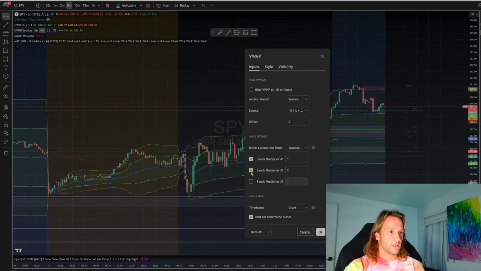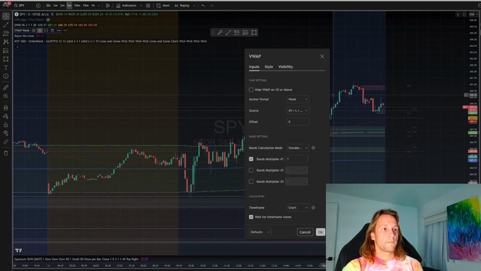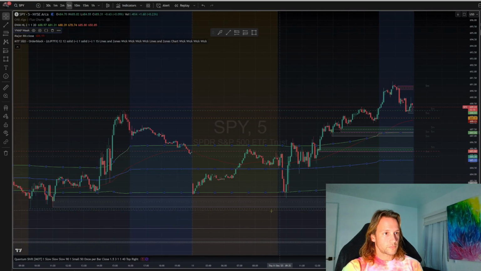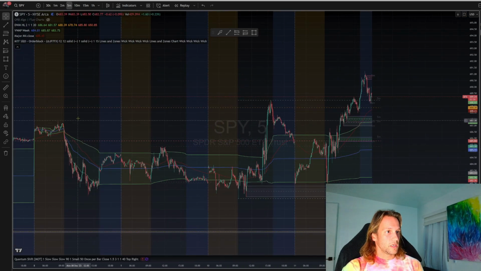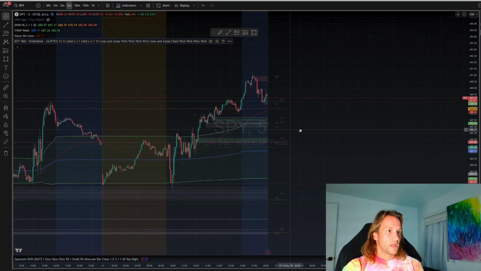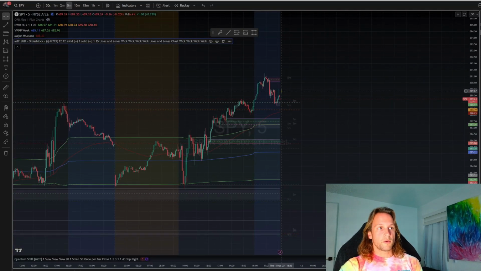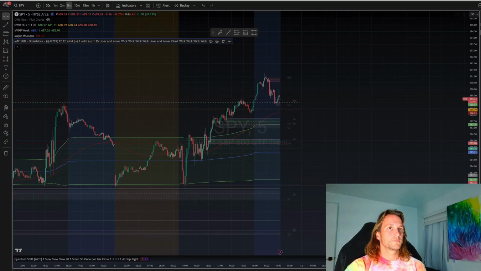The first band is just fine. I anchor mine per session, and a lot of people who want to trade options may anchor it per week. So you can see this is the VWAP throughout the entire week, Monday, Tuesday, Wednesday, Thursday. So if you want to anchor it this way, you'd probably be looking at an overnight short position to open up on Friday.